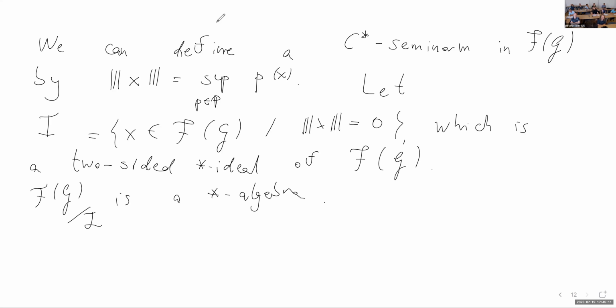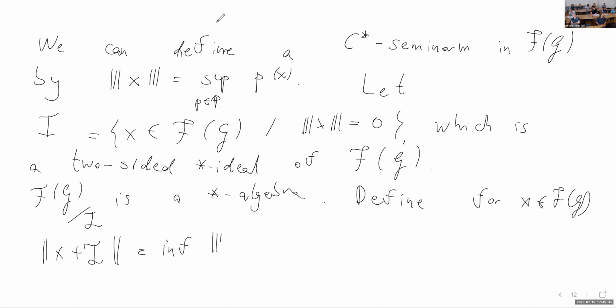And we define a norm of the elements, let's say for x in the algebra, so an element in the quotient, in the quotient of triple seminorms by the ideal.